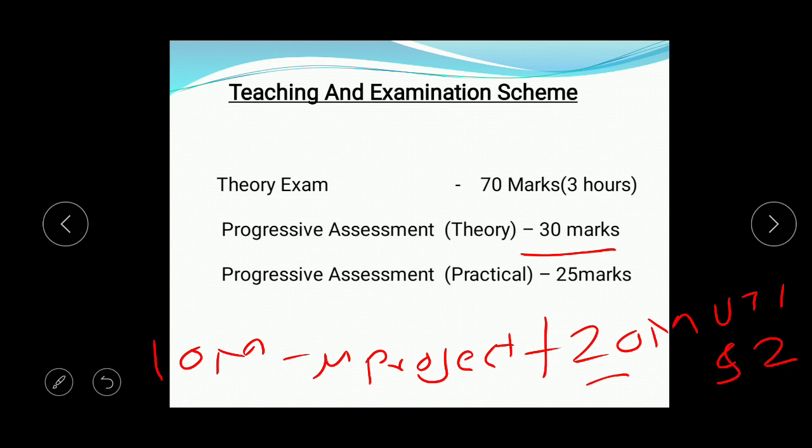This total of 10 plus 20, the 30 marks, is given for the theory progressive assessment.